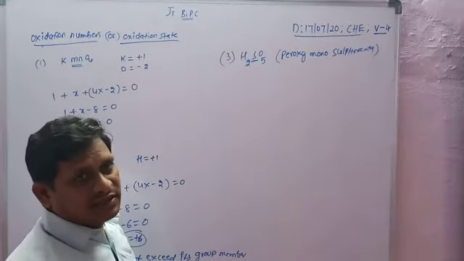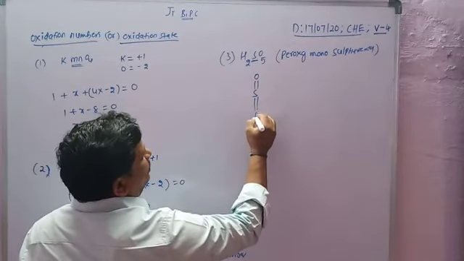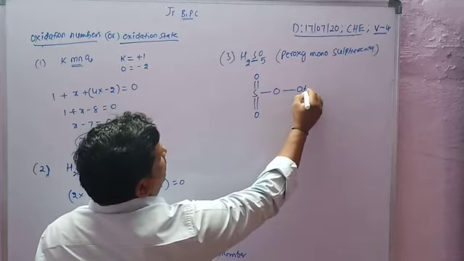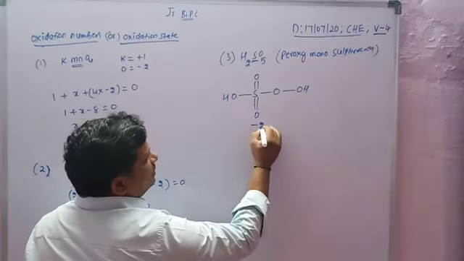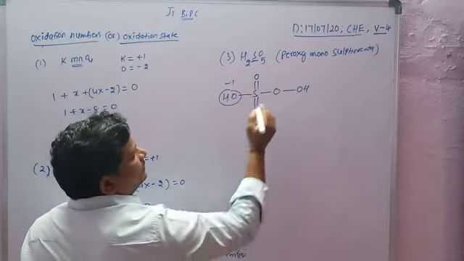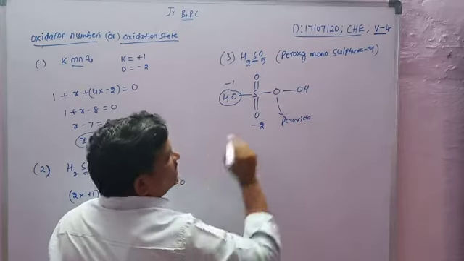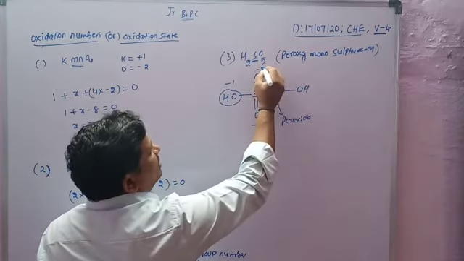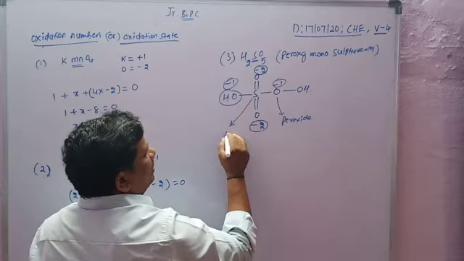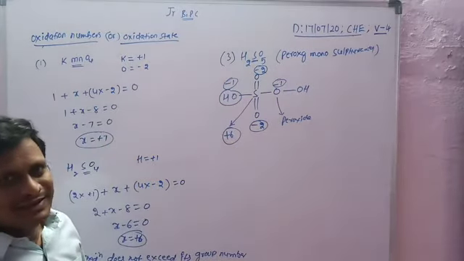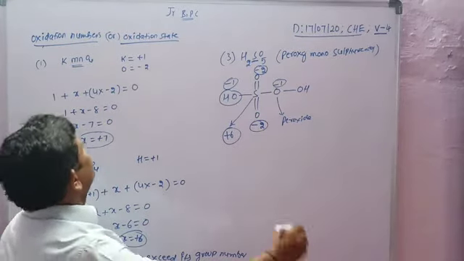Based on the structure, sulfur has a double bond O, a single bond O, an OH, and another OH. The oxygens are -2, and the peroxide oxygens are -1. Adding up the charges, the oxidation number of sulfur is +6. So that is the oxidation number.